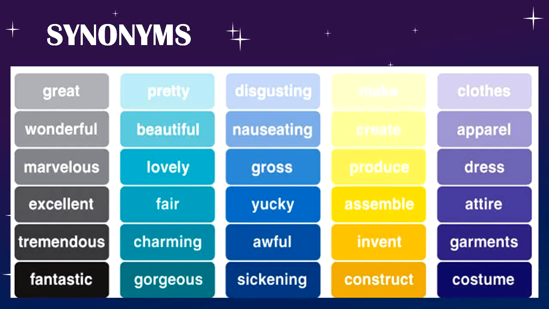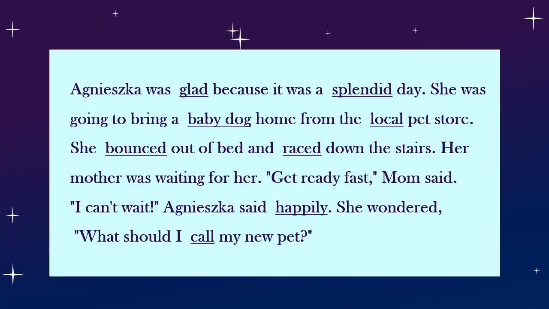For disgusting, we can say nauseating, gross, yucky, awful, sickening. So you see how interesting the language becomes when we use synonyms. Do you want to try using some synonyms now? Here is another story.